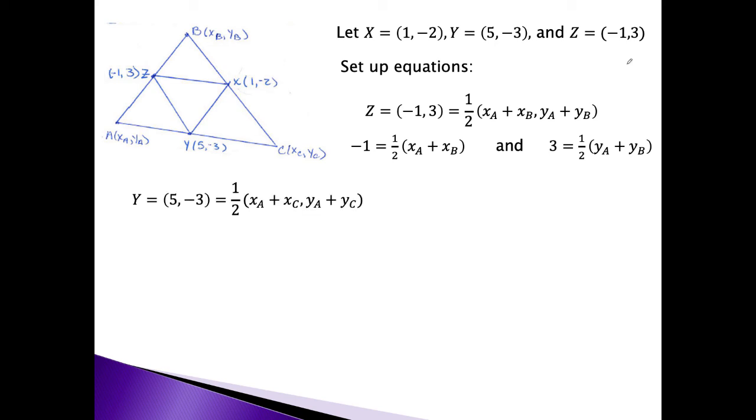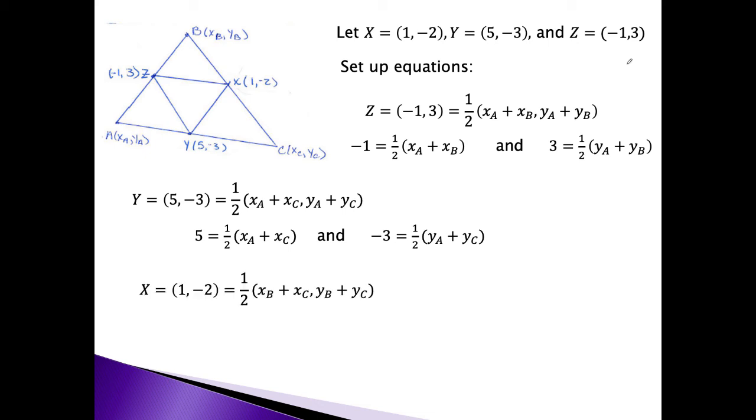For y is the midpoint between a and c. So (5, -3) is 1/2 (xa plus xc, ya plus yc). So 5 equals 1/2 (xa plus xc), and -3 equals 1/2 (ya plus yc).